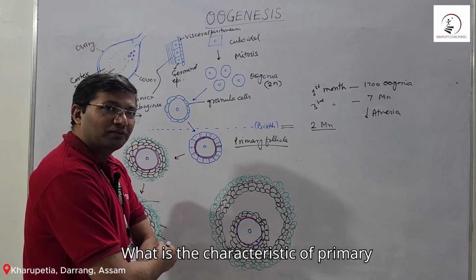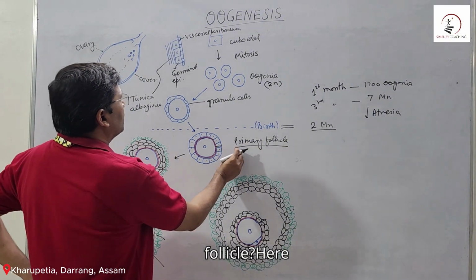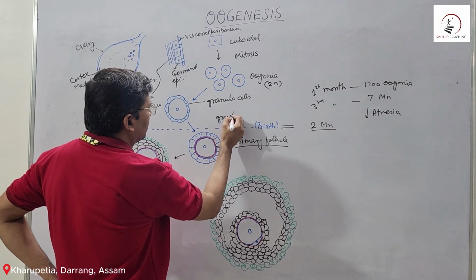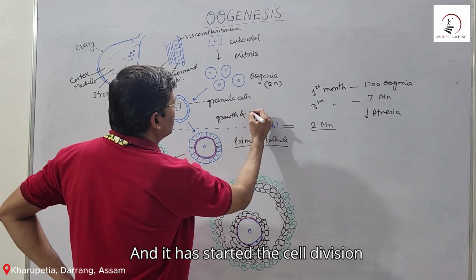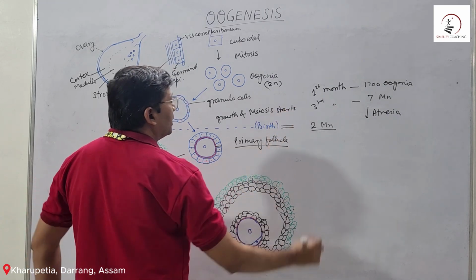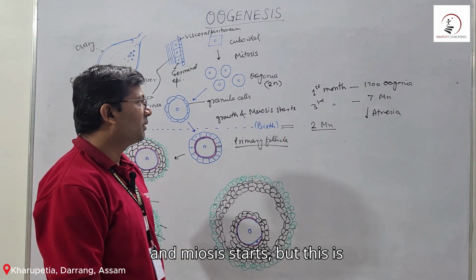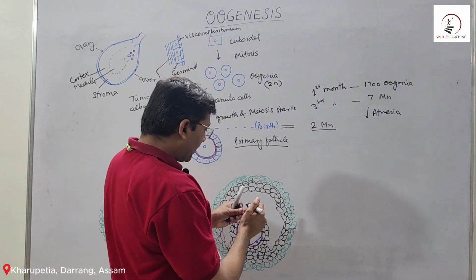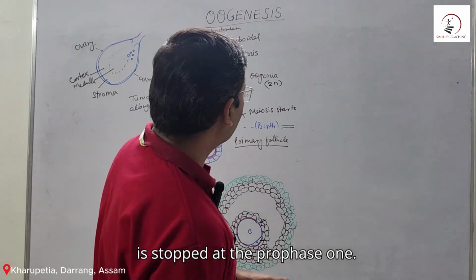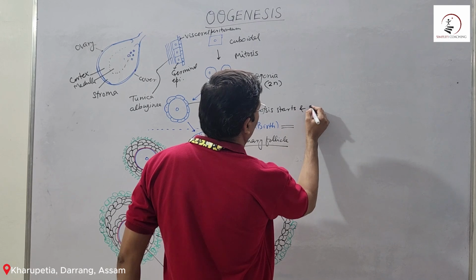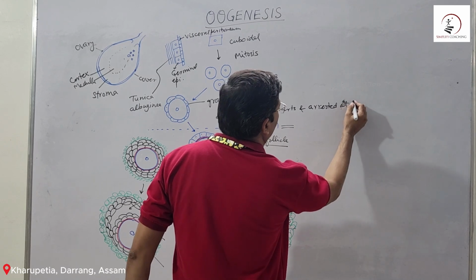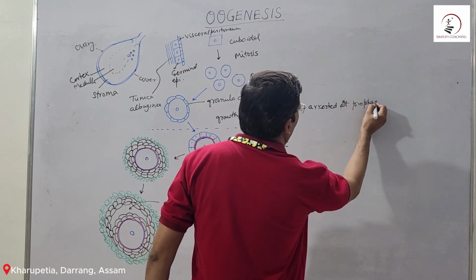What is the characteristic of the primary follicle? Here the oogonia has started growth and has started cell division or meiosis. In the fetal stage itself the growth and meiosis start, but this is arrested, stopped at prophase 1 of the meiosis.